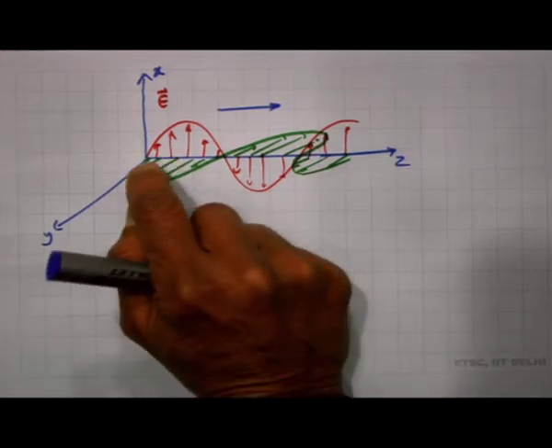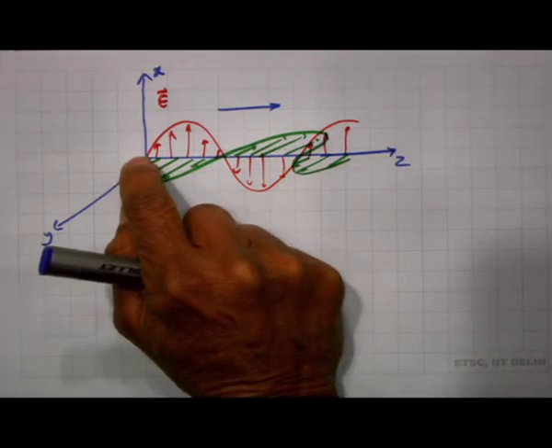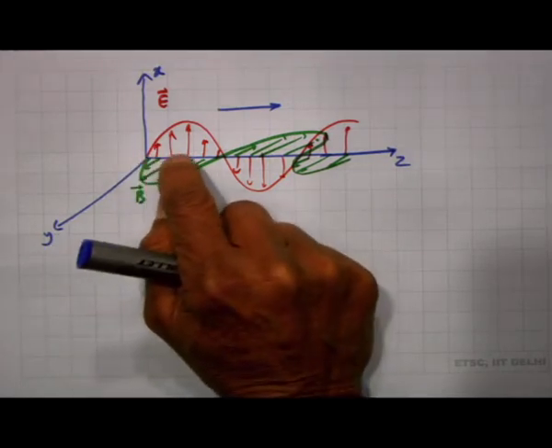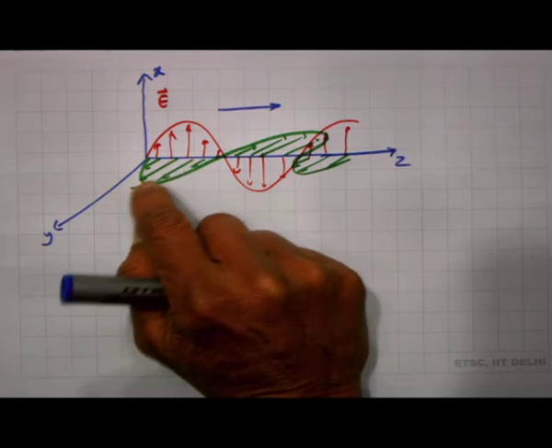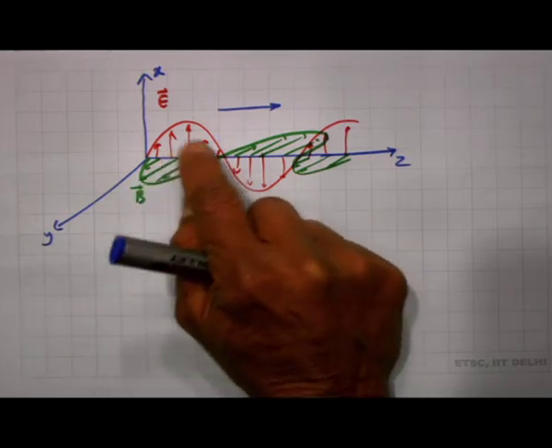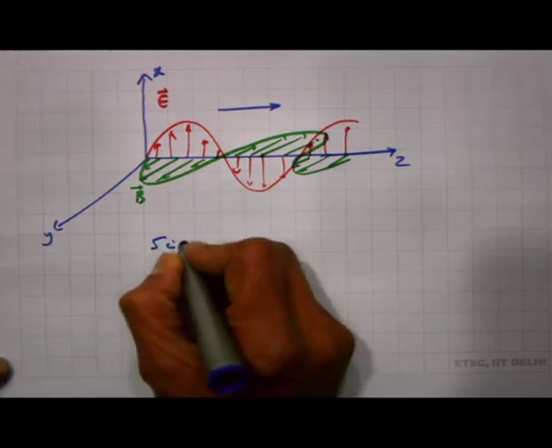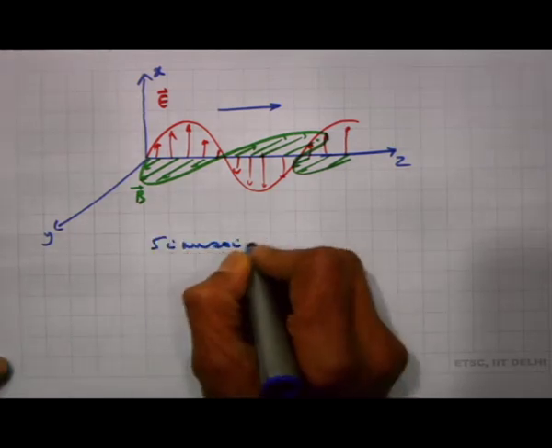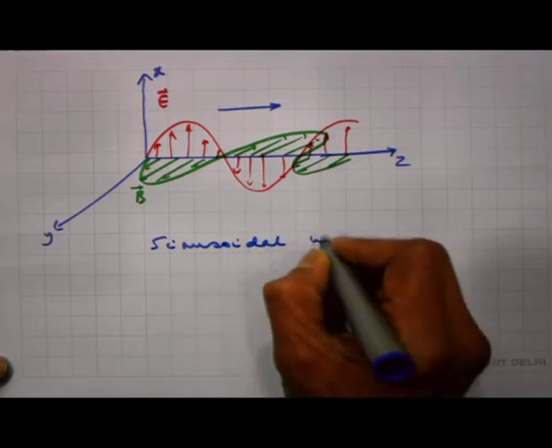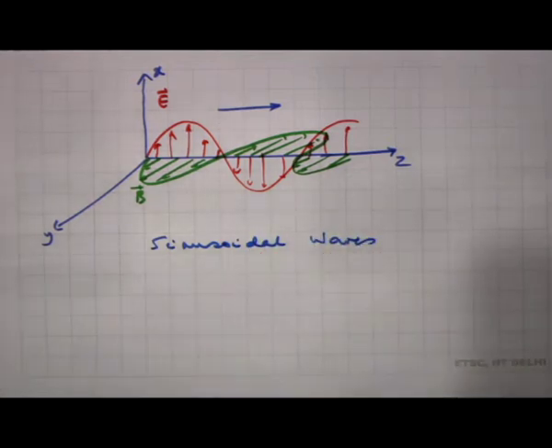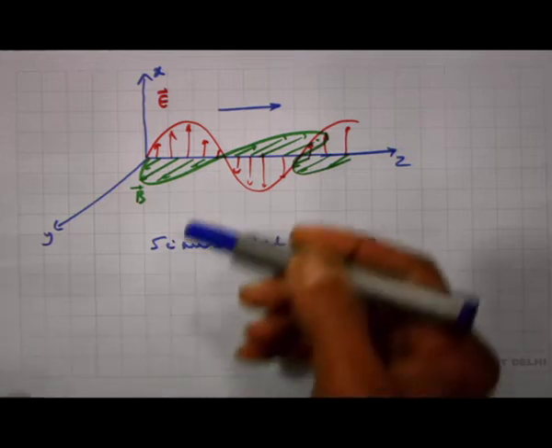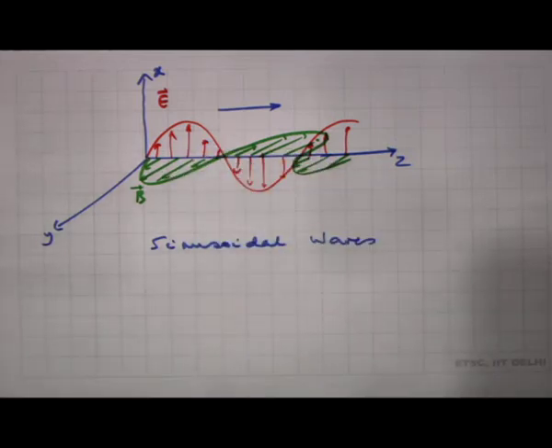As you can see here, when the electric field is 0, the magnetic field is 0. When the electric field magnitude increases, the magnetic field magnitude increases, and these are called sinusoidal waves, as I had defined last time. Because the space and time dependence of these waves, as I will write in an equation, are sine waves, the electric and magnetic fields are in phase.